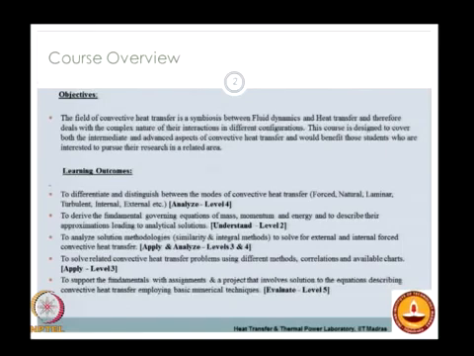So this part of differentiation and distinguishing between the different modes of convective heat transfer would be on the level of analyzing. So this is on a pretty moderately high level, that is level number 4 on the Bloom's taxonomy.